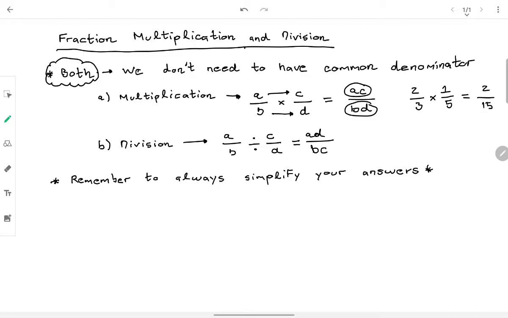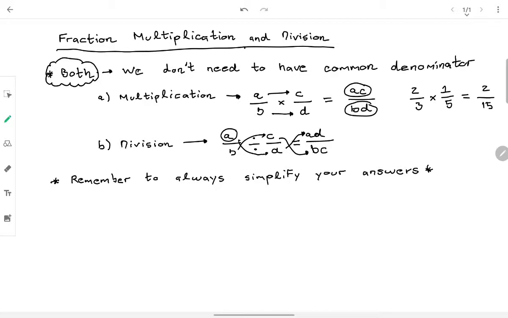In the case of division, it's made like crossed multiplications, where you are going to multiply A by D, and we will have it in the top part. B is going to be multiplied by C, and it's going to be on the bottom part, the denominator.